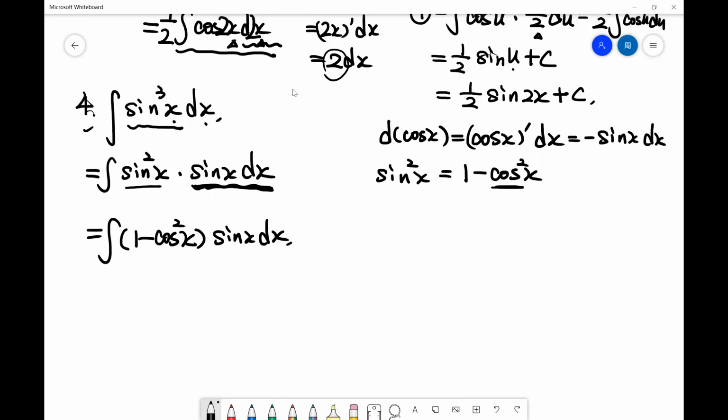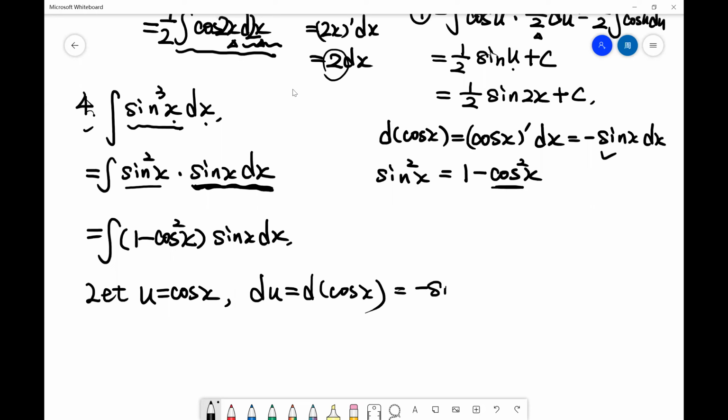Then we can use the substitution rule here. You can let u be cosine x. And then we know du equals d cosine x, so that equals minus sine x dx here. So the original integral can be changed to 1 minus cosine x squared, that is 1 minus u squared, right?